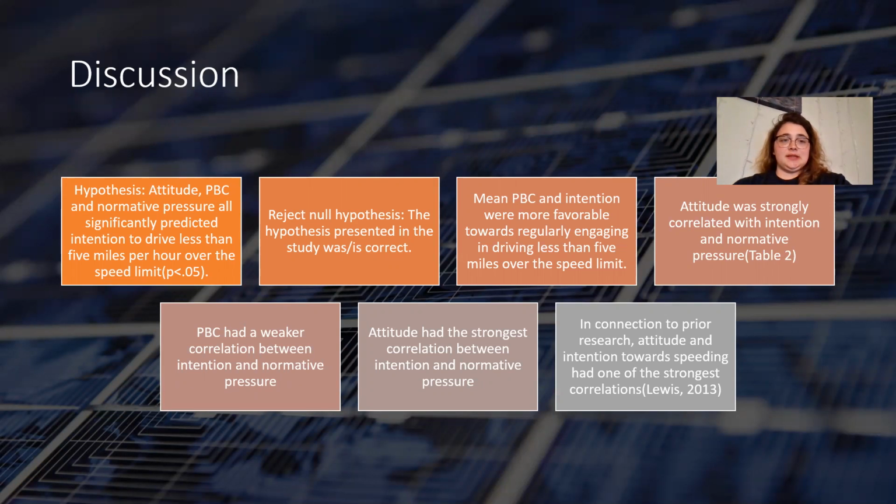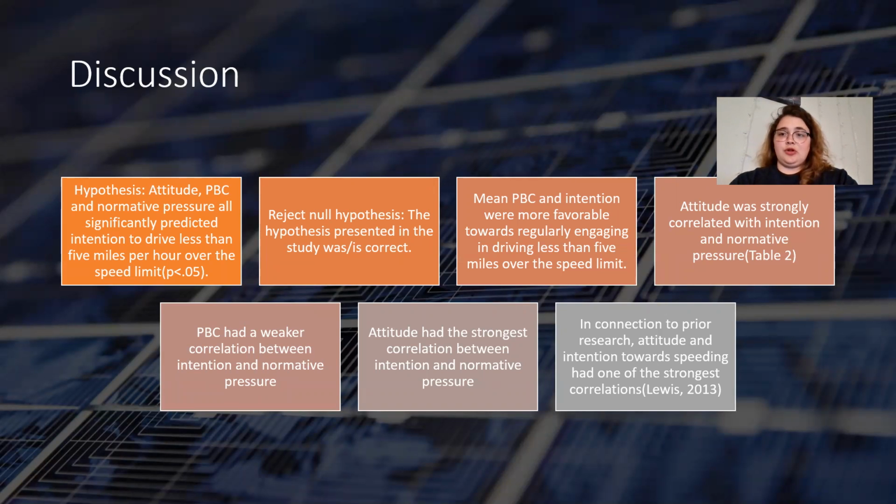So our hypothesis was attitude, PBC, and normative pressure all significantly predicted intention to drive less than 5 miles per hour over the speed limit, p being less than 0.05. We were able to reject the null hypothesis. The hypothesis presented in the study was and is correct up to this moment. Mean PBC and intention were more favorable towards regularly engaging in driving less than 5 miles over the speed limit.